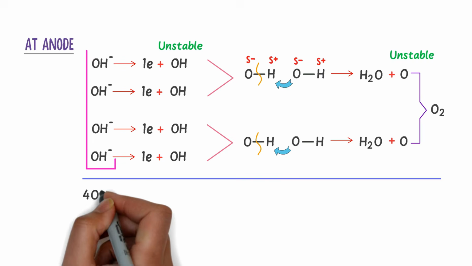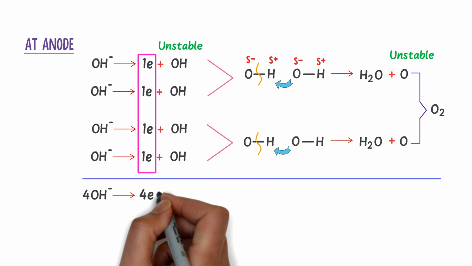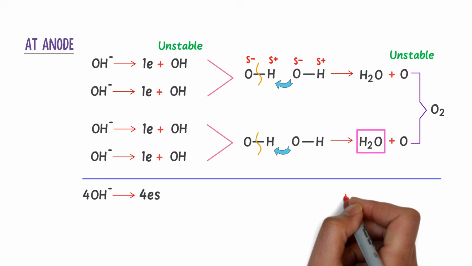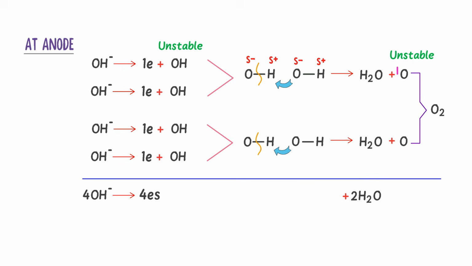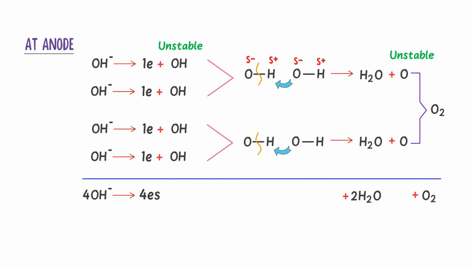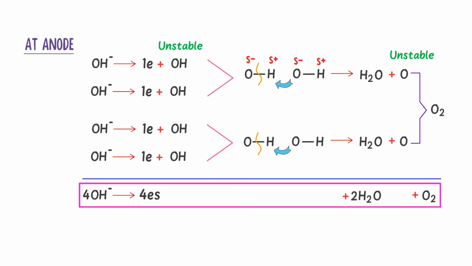Overall, 4 hydroxide ions lose 4 electrons. This is one water molecule and this is another water molecule. I write 2H2O. This oxygen and this oxygen react to form oxygen gas. I write O2. Therefore, we say that 4 hydroxide ions lose 4 electrons to form 2 molecules of water and 1 molecule of oxygen gas.